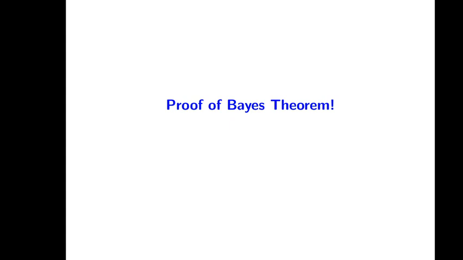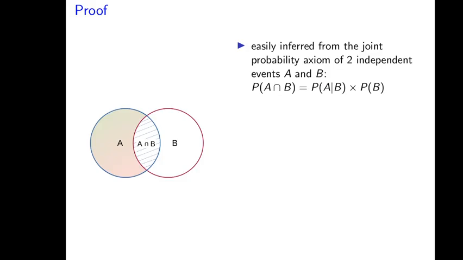The last part of this video is about the proof of Bayes' theorem, which is very simple, I think. Bayes' theorem can be easily inferred from the joint probability axiom of two events A and B. We learned from the theory of probabilities that the probability of A intersect B equals the probability of A given B times the probability of B. And accordingly, we can write it the other way around.